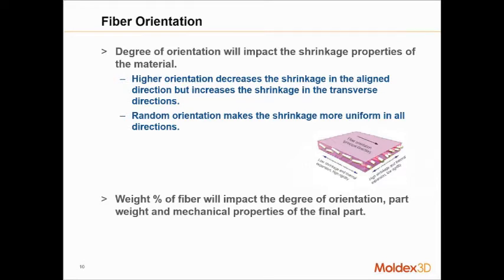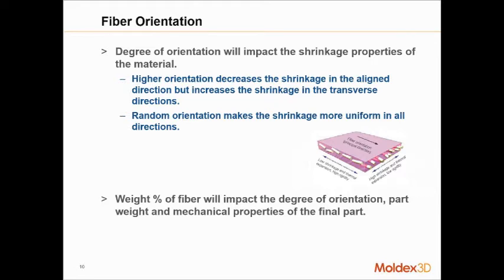Now, it's not very preferred to do a random fiber orientation, just because if you wanted a random fiber orientation, then you might just want to use a different polymer instead of introducing fibers and the complexities of such.